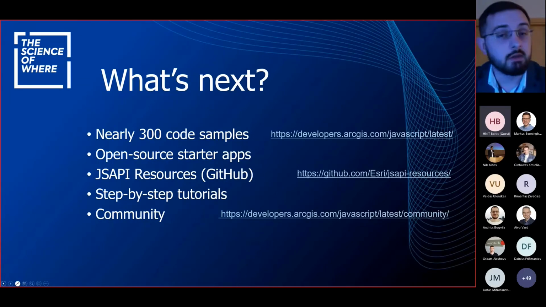Also, there are JavaScript API resources where you can find some starter applications, which allow you to quickly use different types of third-party frameworks and launch your application quickly. Also, there are a lot of step-by-step tutorials within the documentation where you can just try out the API. Nonetheless, there is a broad community where you can find help if needed.